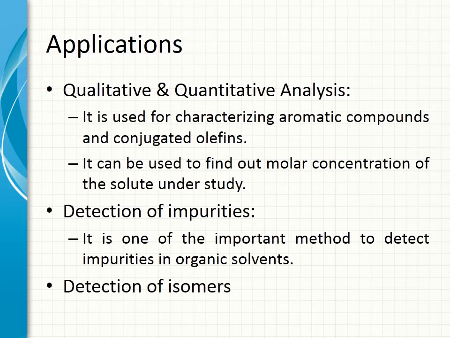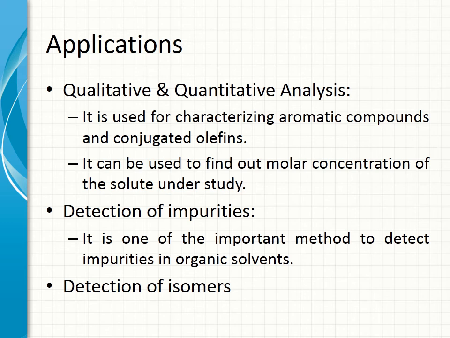Spectroscopy has various important applications. It could be used for qualitative as well as quantitative analysis. Different types of chromophores have a characteristic pattern of absorbance. So this can be used to determine the nature of the functional groups which are present in a given substance. Every given functional group has a unique pattern of absorbance.